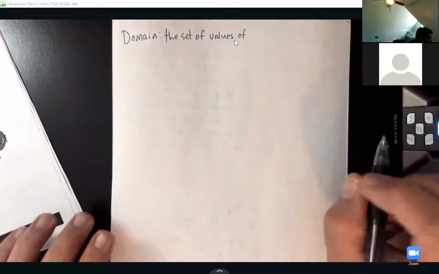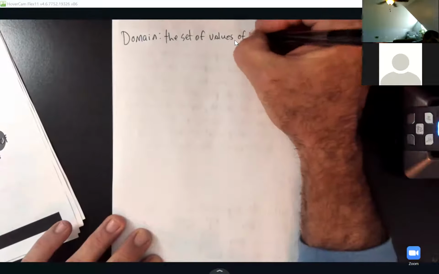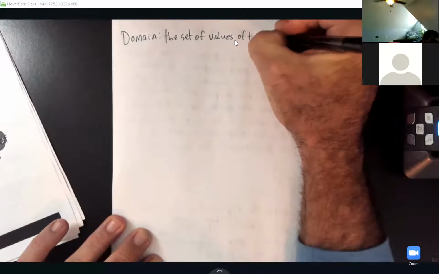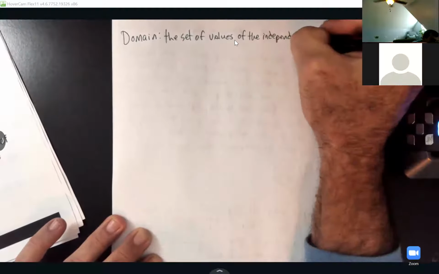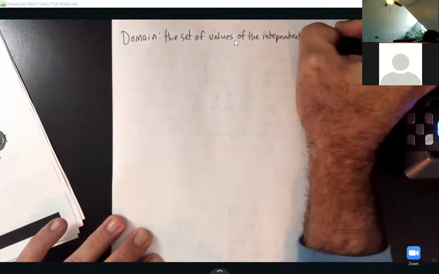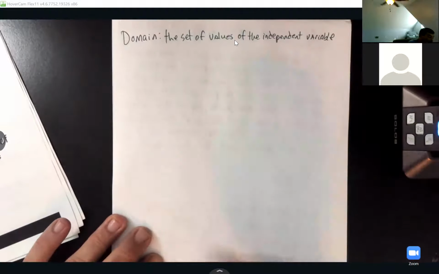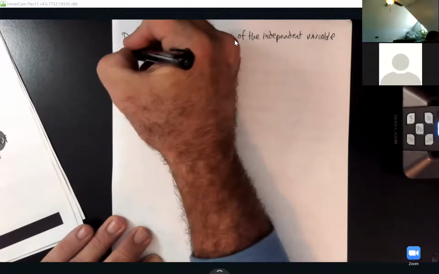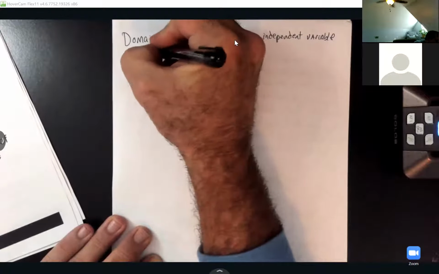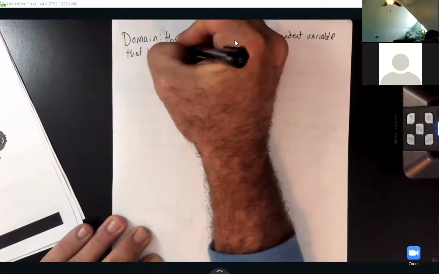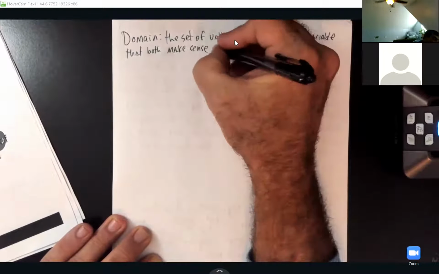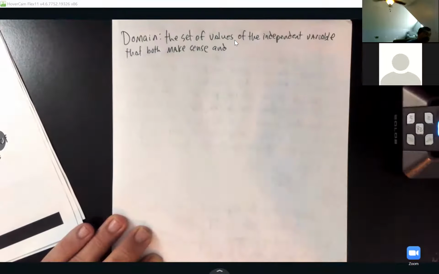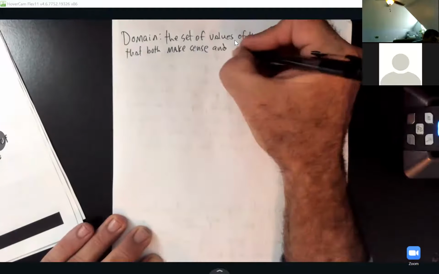All right, so it's a set of values of the independent variable that both make sense and are of interest for the function.